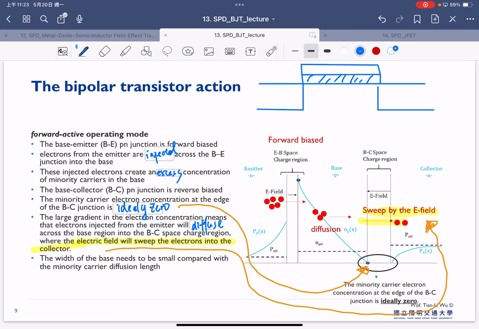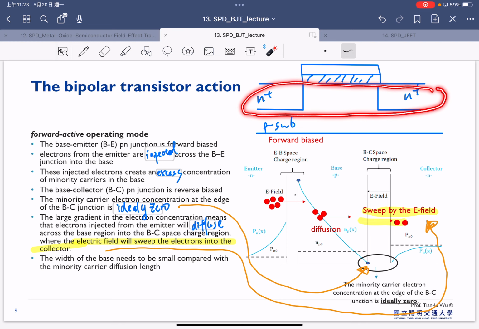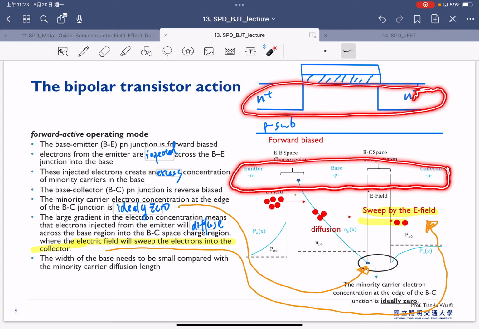So we have the N plus, we have N plus, and we have the P substrate, right? If we zoom a little bit inside the MOSFET, you will find out that this region is NPN, which is exactly the same as this. So ideally, the knowledge for the operation of the MOSFET should be consistent with the knowledge in the BJT.